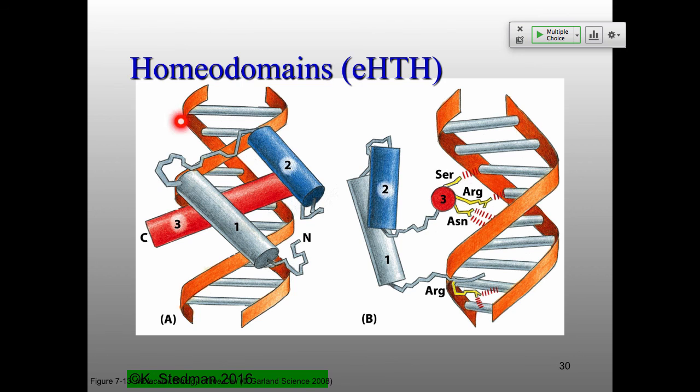Instead of just having a recognition helix here in red and a second helix which goes on top of this, this one actually has a 3rd helix, and part of this helix reaches over and interacts with the minor groove of your DNA. So here, recognition helix, very similar to what you see in bacterial systems, but this extra helix also has some interactions in the minor groove.